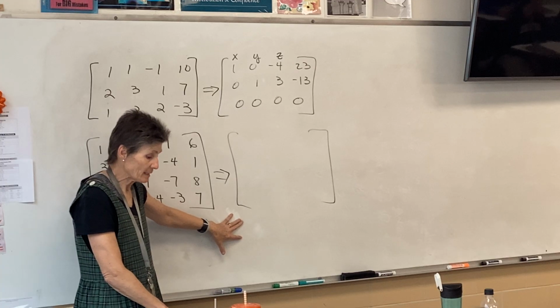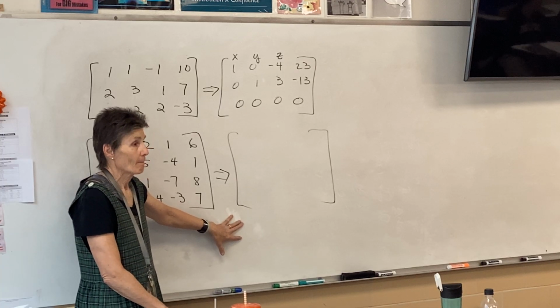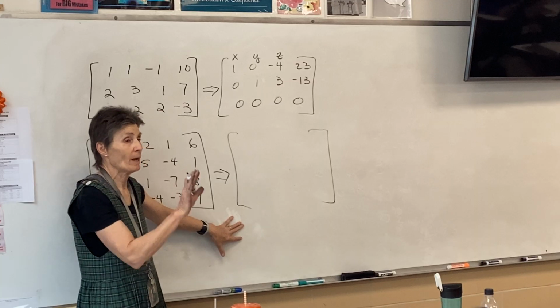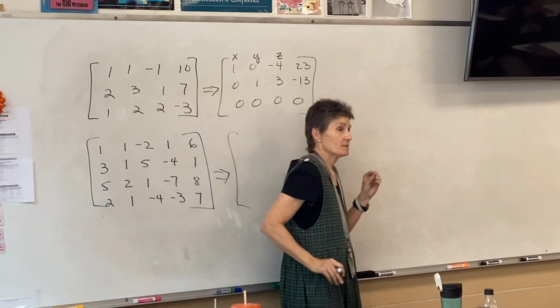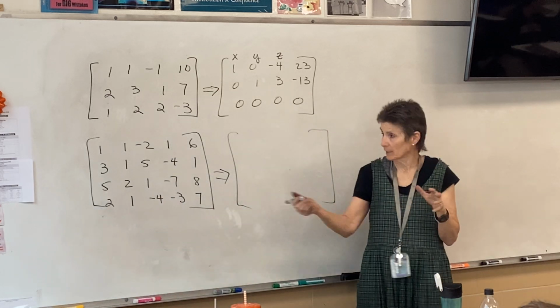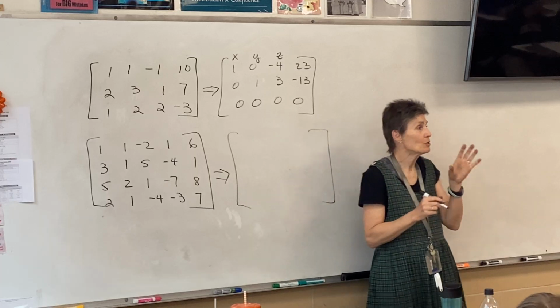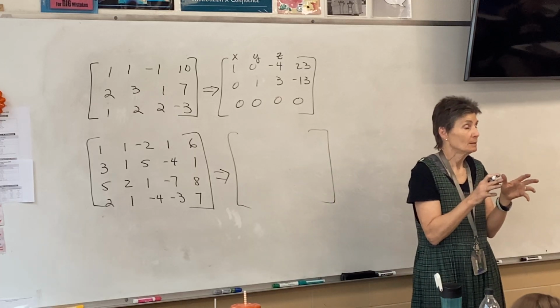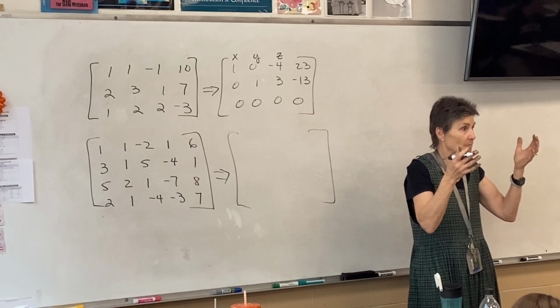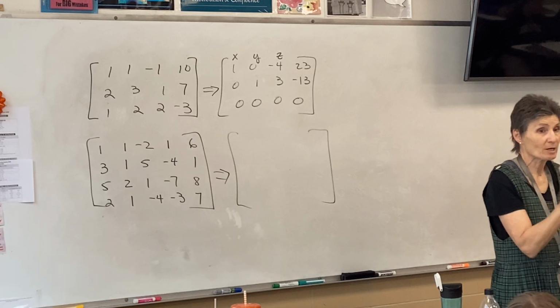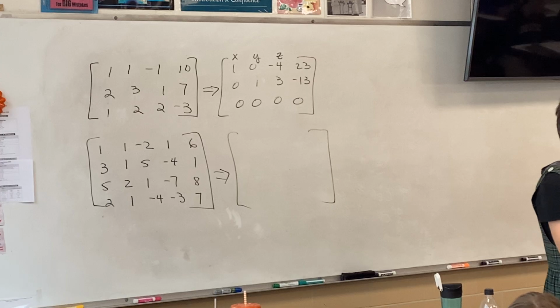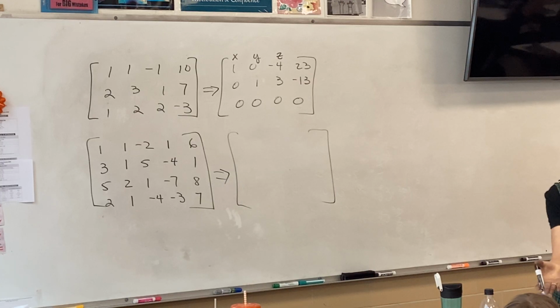Okay, I need everybody to be doing D also. Yeah, it's ugly. You can just round it off. Okay, I need everybody listening. When you get to the point in problem D, when you do your RREF and up comes the new matrix, as the guy said, it's ugly. It's full of decimals, right? Here's how I want you to handle that. That is the kind of situation that happens when I don't rig the problem. Chances are, if I just make up random numbers, it's going to come out yucky like that.